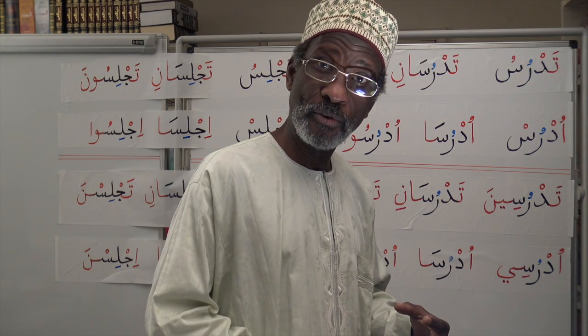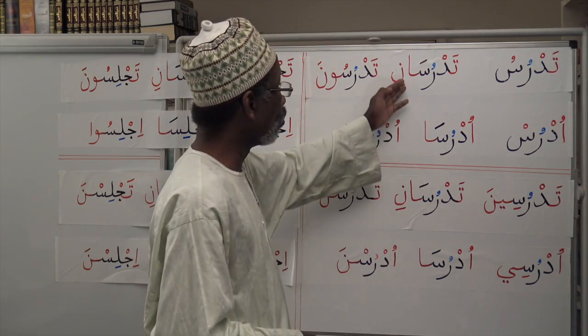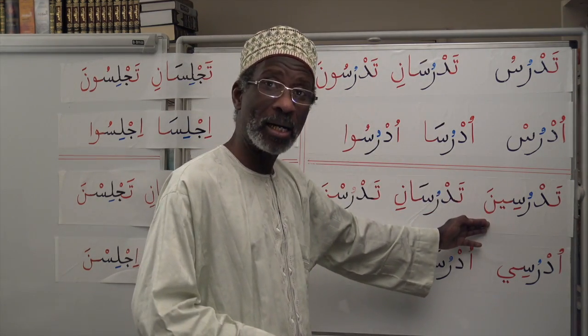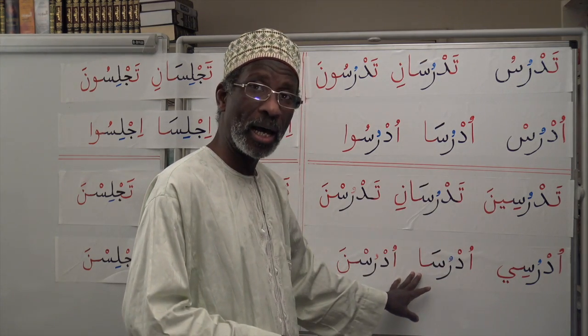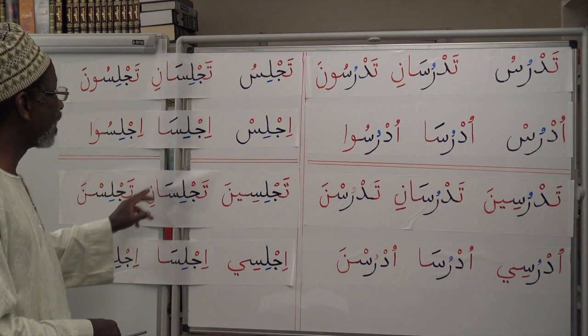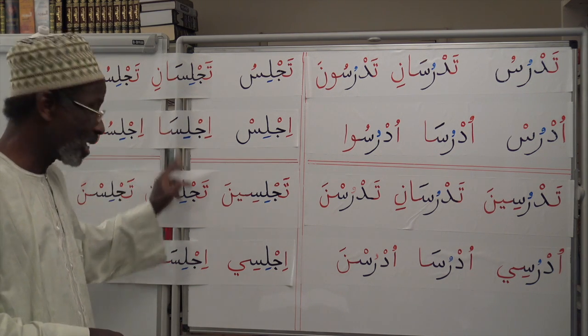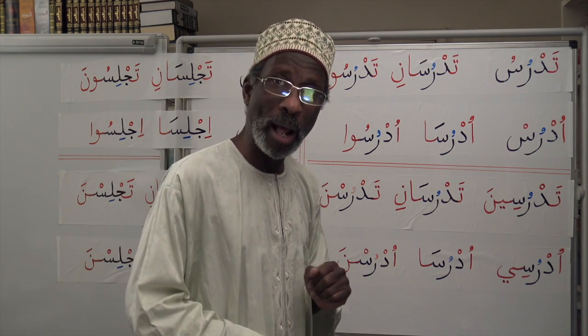As a result, the imperative for both two men and two women will be the same. You remove the noon, just as we did here. It becomes udrusa, udrusa. From tajlisani, ijlisa, ijlisa. So we are removing the noon as well.